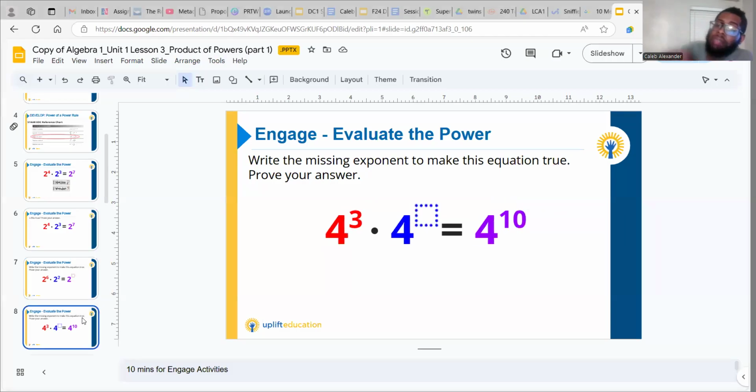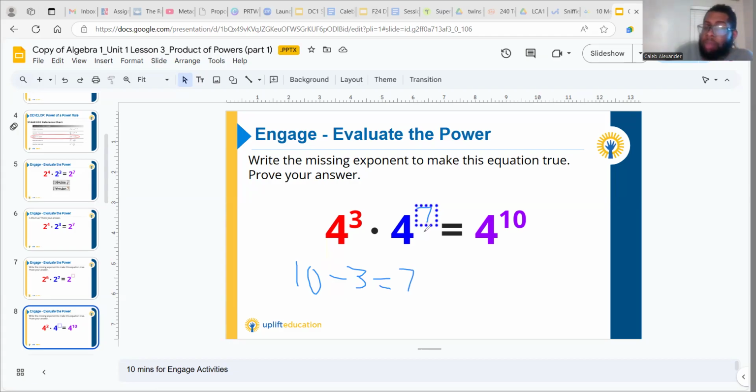What do you think is the missing exponent in this case? Oh, you say 7. Okay, how do you think we got 7? I see, so you did 10 minus 3 is 7, which is true because we could get 7 that way.